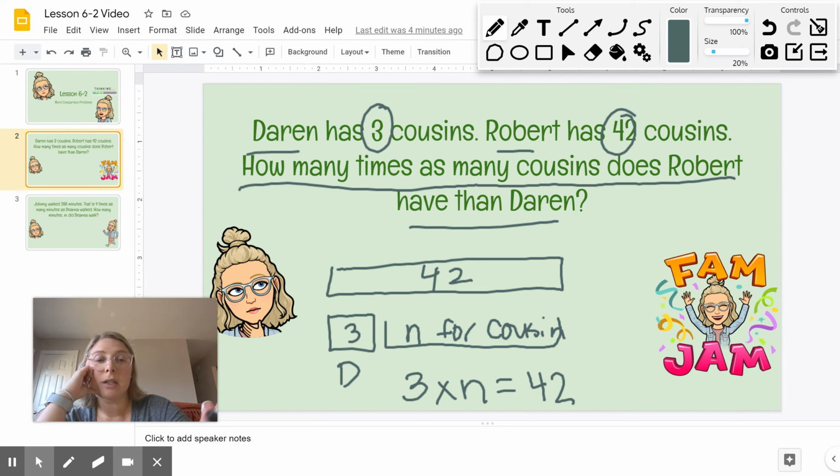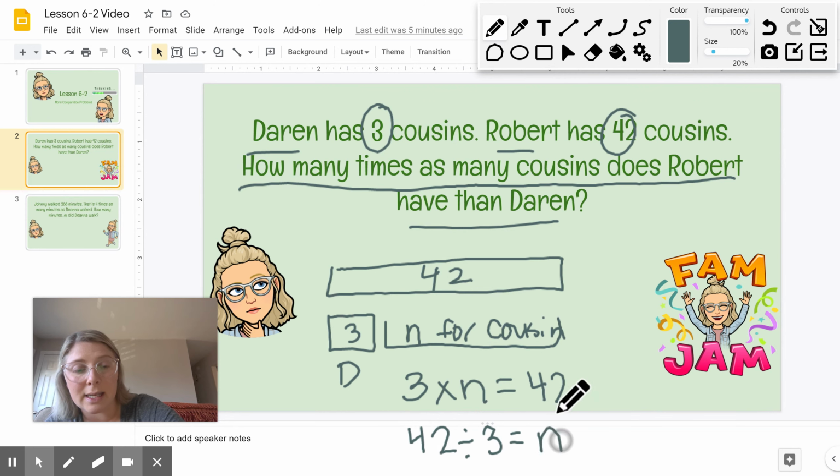Because we know that Robert has 42, we know that Darren has 3, and we have to figure out how many times as many cousins Robert has than him. So we're going to do the inverse operation. I can think 3 times something to get me 42, or we know that the inverse operation to multiplication is division. So let's do 42 divided by 3 will get us N.